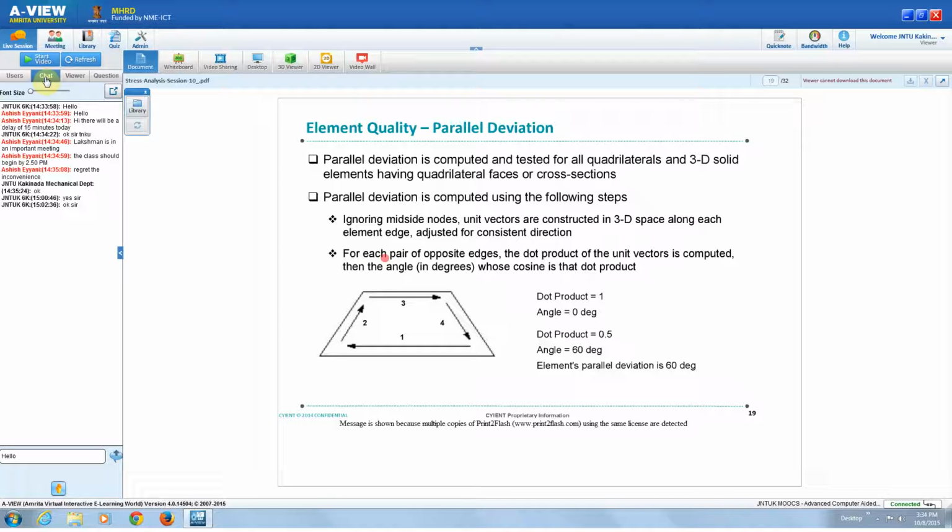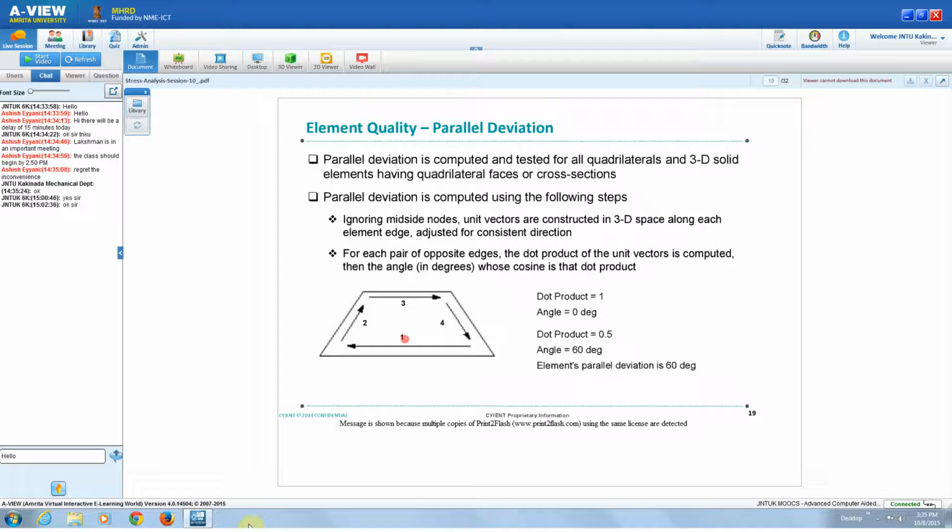First of all, it ignores the mid-side nodes and constructs unit vectors. That means the length of all four vectors will be the same. Then for each opposite pair, like 1 and 3 here, it does a dot product, and from there we get an angle.